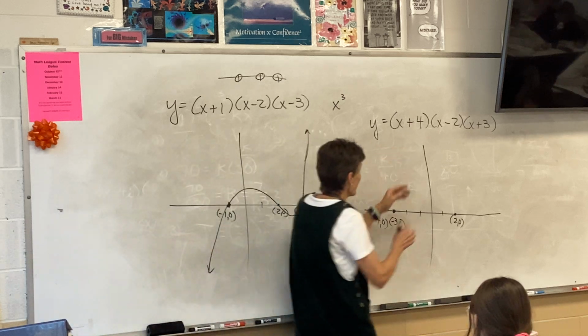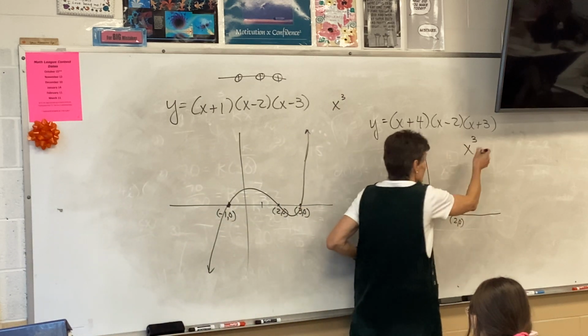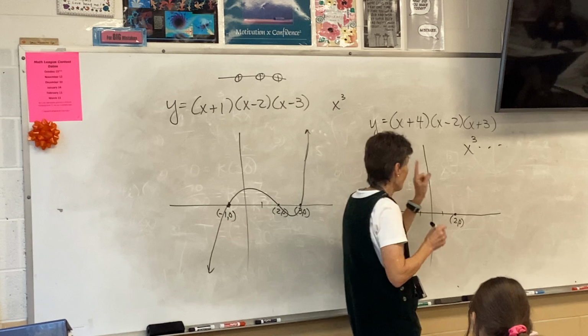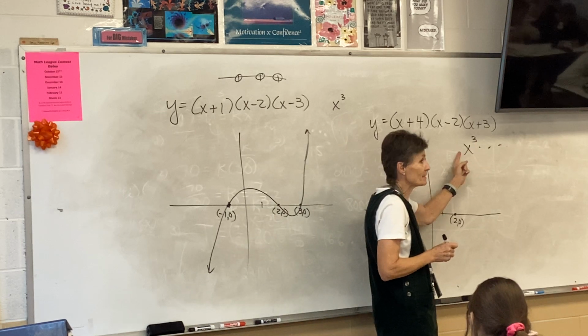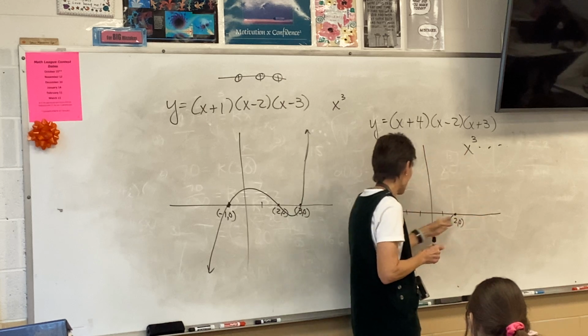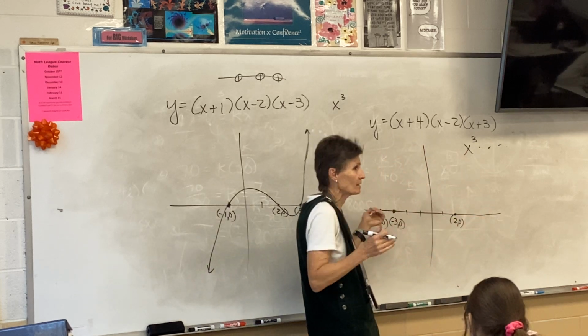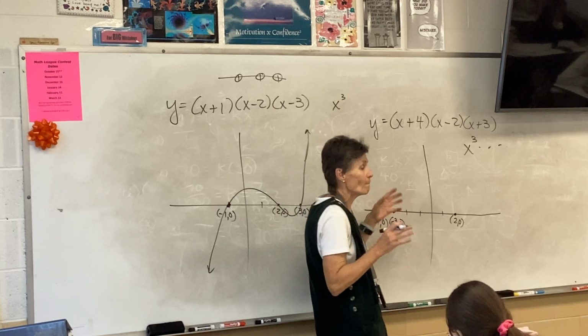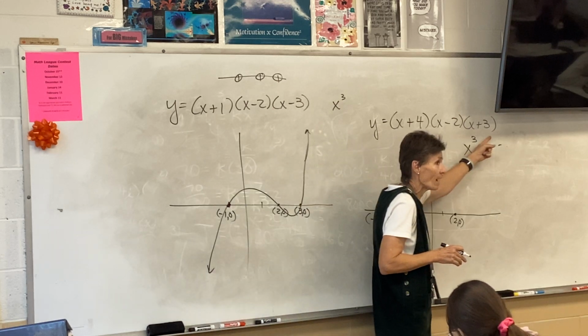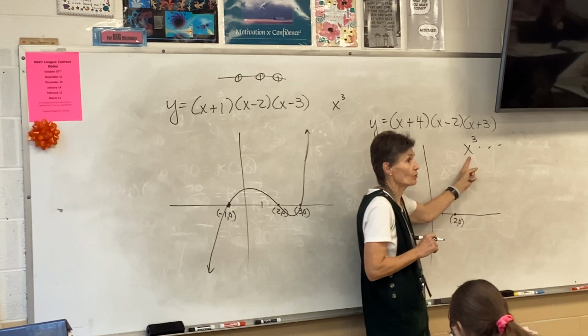X cubed, if I multiply that out, it's gonna be x cubed plus a bunch of stuff. All that matters is that's x cubed, and that's a positive. There's not gonna be a negative in front of that. There can be negative zeros, sure, that has nothing to do with the direction of the curve. What matters is when I FOIL that out, I would have positive x cubed.